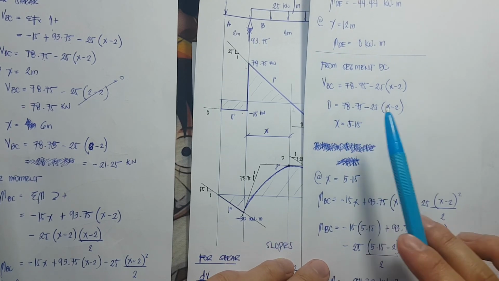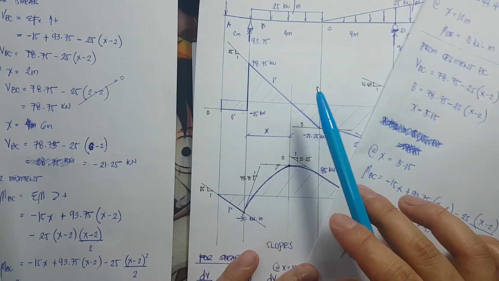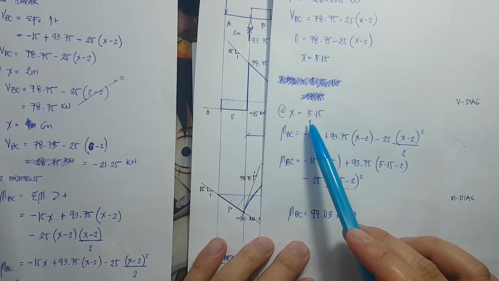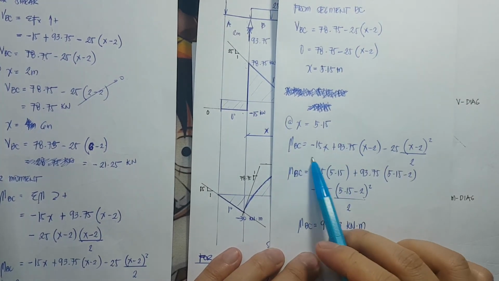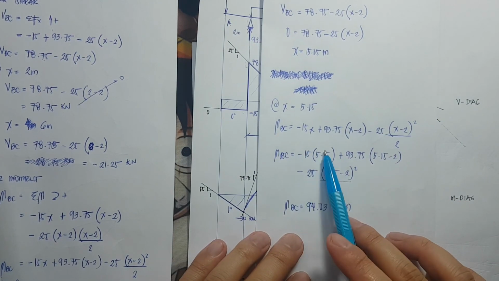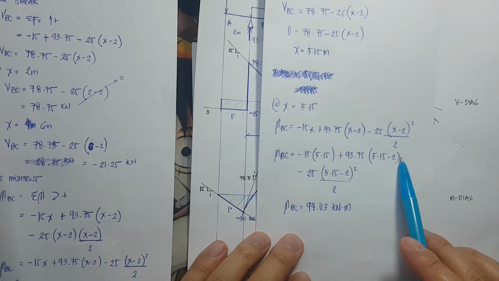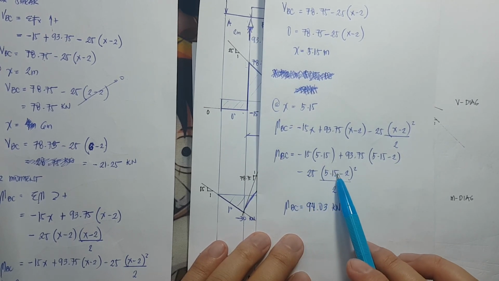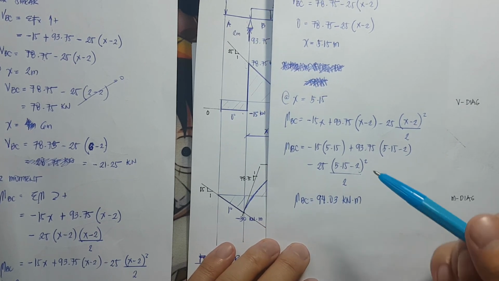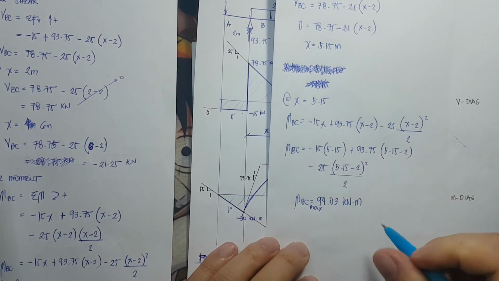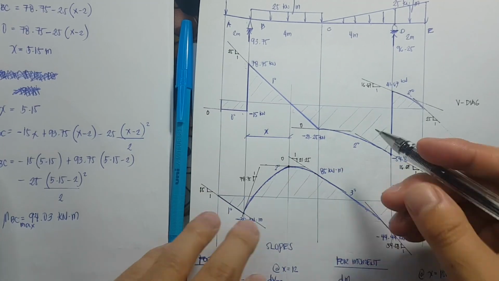Having our distance, x, we will substitute our x value into our equation for moment at segment BC. So substituting the distance, which is 5.15 meters, into our moment equation here, negative 15 times 5.15 plus 93.75 times 5.15 minus 2 minus 25 times the quantity 5.15 minus 2 squared over 2, the maximum moment at BC is equivalent to 94.03 kilonewton meter.